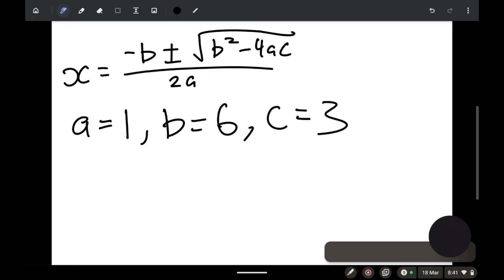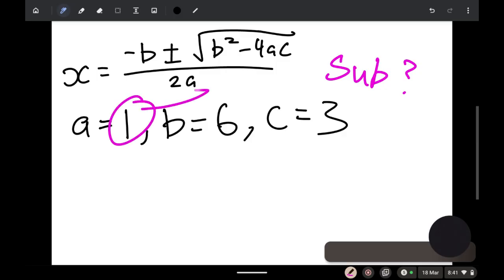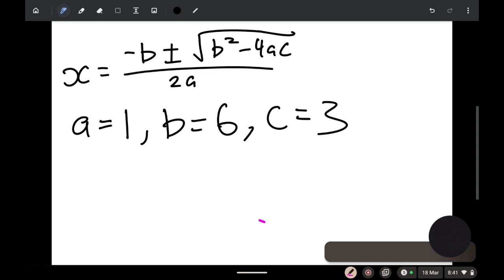Okay, now we sub in. Okay, what do I mean by sub? Sub in, basically, let's say since A equals to 1, you will write 2 times 1 instead. Okay, so let's sub it in slowly. Okay, x equals negative b.